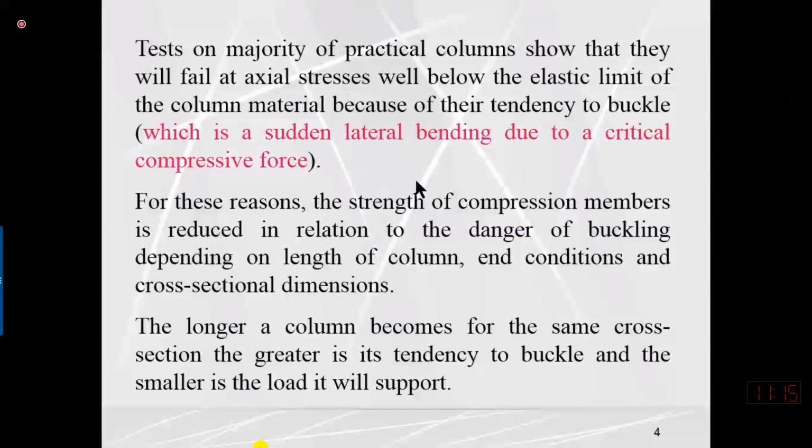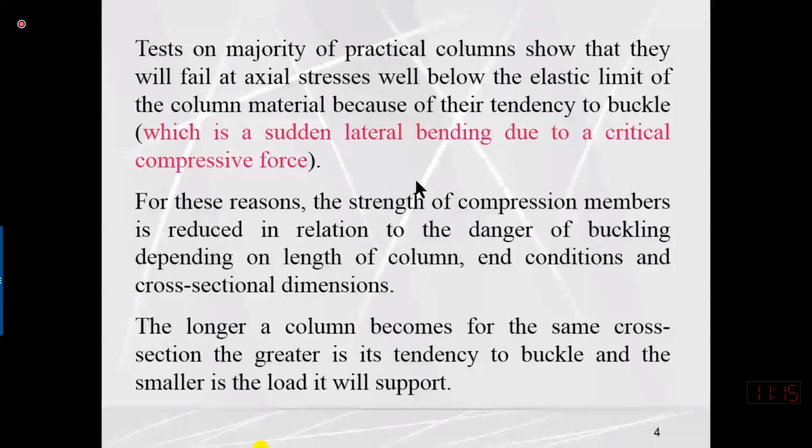But in case of a compression member, it is not a function of area, but rather of one parameter, which is referred to as slenderness ratio. The slenderness ratio is effective length over radius of gyration. We will see it in the upcoming slide. So it is a function of length, end condition, and cross-section dimension. Radius of gyration also depends upon the cross-section.